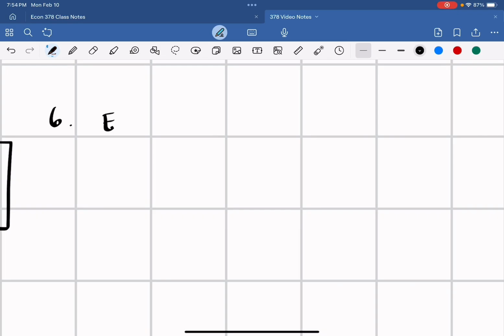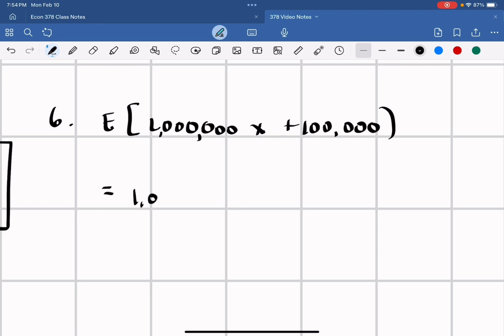So this is number 6. Expected value of 1,000,000 x plus 100,000. Well, this is easy because it's a linear operator, so this is just 1,000,000 times the expected value of x plus 100,000, because the expected value of a constant is just a constant.